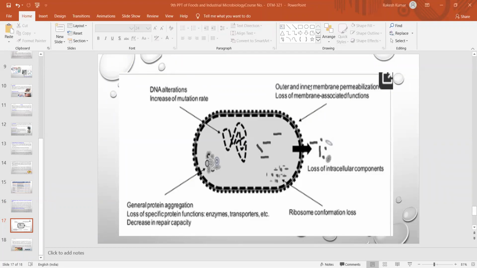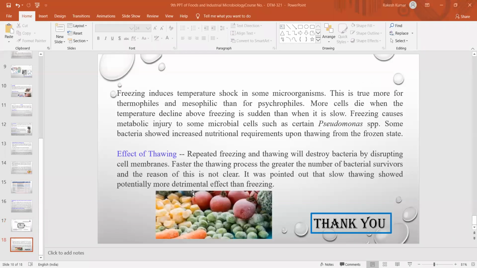DNA alteration, outer and inner membrane permeability changes, loss of membrane, loss of intracellular components, ribosome conformation loss is generally observed, and general protein aggregation, loss of specific protein functions and enzyme functions. These are affected by this kind of treatment.